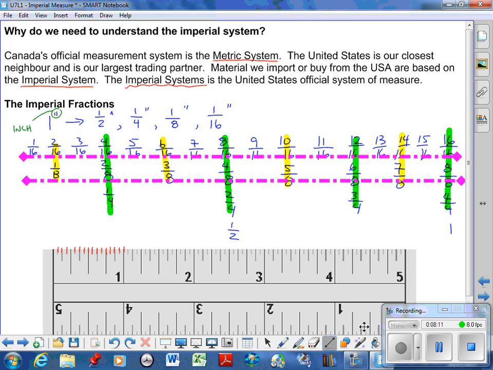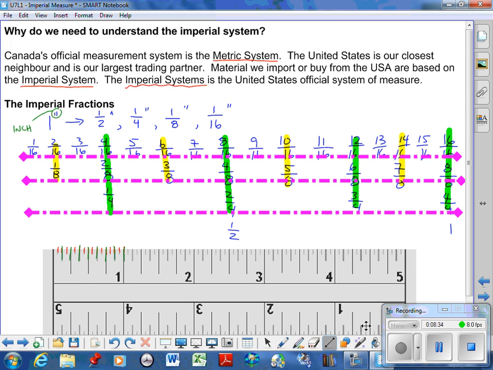So I'm just going to overwrite that in green. So here's an eighth, here's an eighth, an eighth, an eighth, an eighth. So those lines are a little bit longer because they reduce down to 1/8. And finally, going back to my line, the 1/4 are longer yet because there's another layer of fractions.